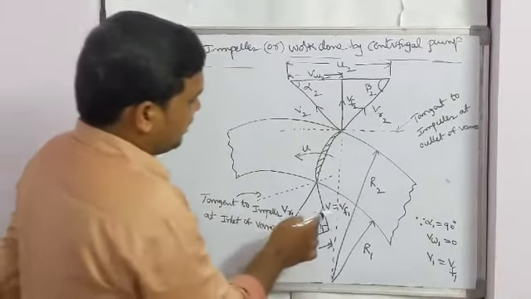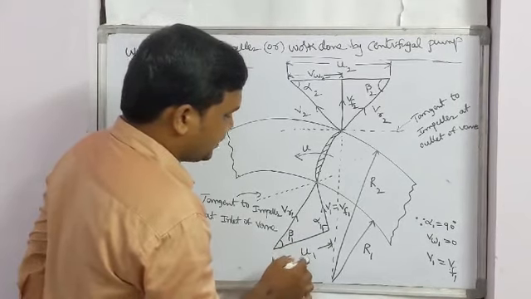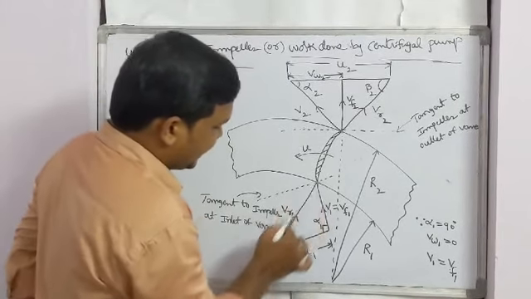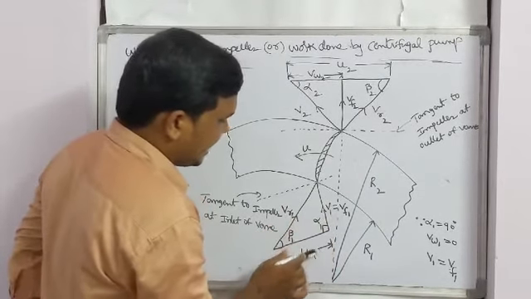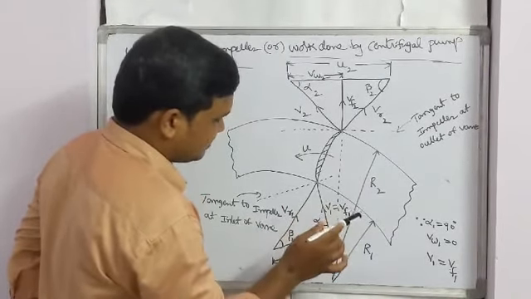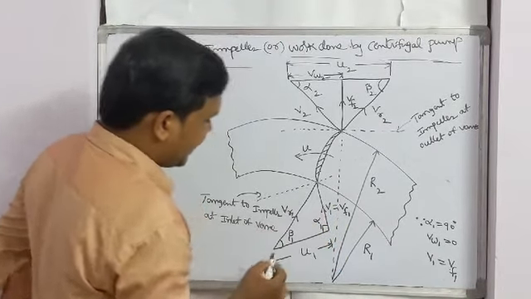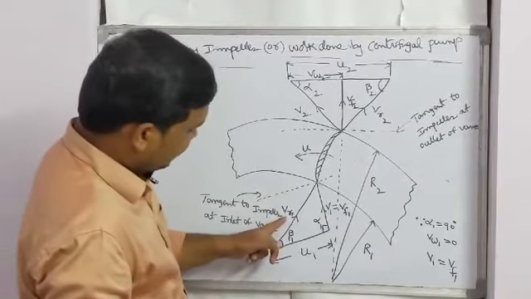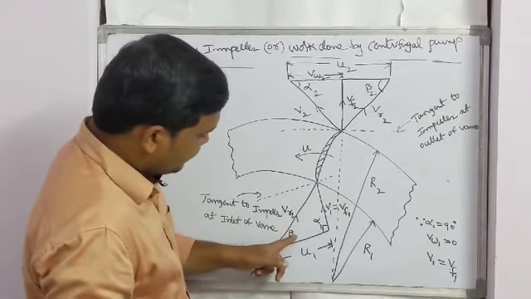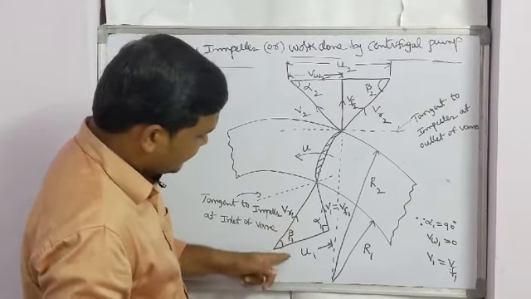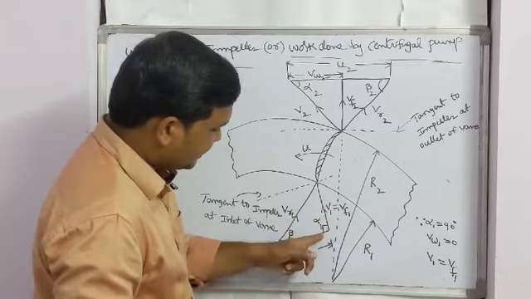Whenever the absolute velocity V and the blade velocity u are there, there is definitely a relative velocity from this combination. The relative velocity is a combination of absolute velocity and blade velocity, as in the case of turbines. This is the relative velocity VR1, which makes an angle beta 1 with respect to u1, and alpha 1 is the angle the absolute velocity makes with respect to u.